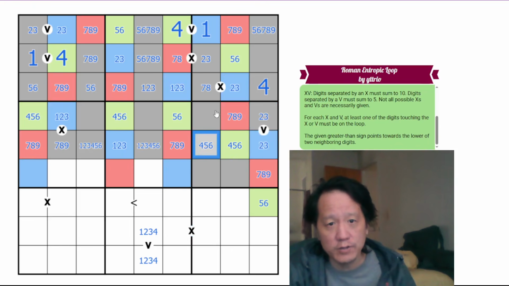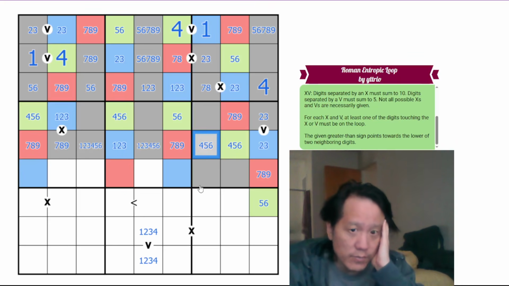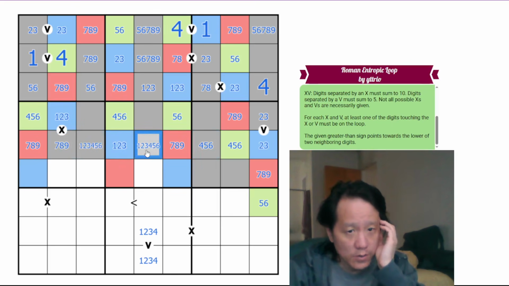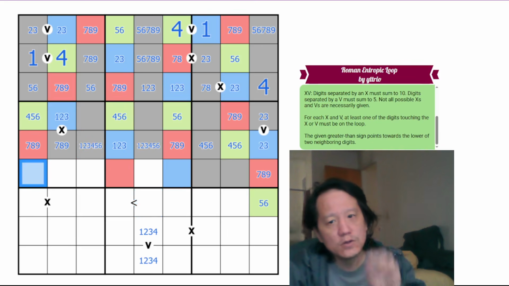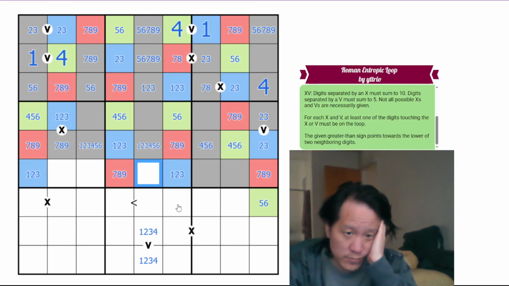This can't be 1 because of the 1 in the column. So this is 1, 2, or 3. 7, 8, 9.